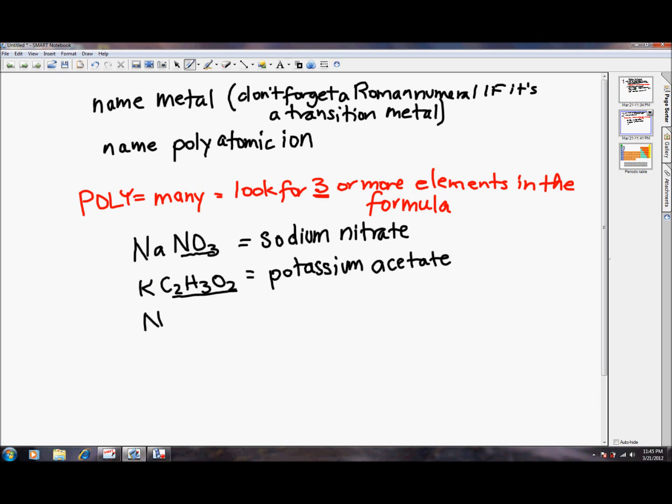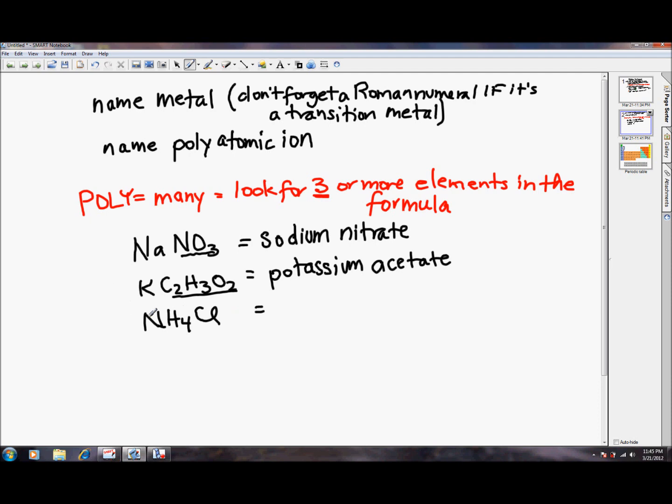Alright, let's look at this. Okay, so I've got N and H and Cl. 3 elements, polyatomic ion. Now you look at the beginning here and say N. N is nitrogen. Now wait a second. We're supposed to have metals at the beginning, so what's going on here? Okay, you say, well, what on earth is this then? N and H. Okay, I'm going to look on the back of my periodic table, I know there's a polyatomic ion in here. What is it?